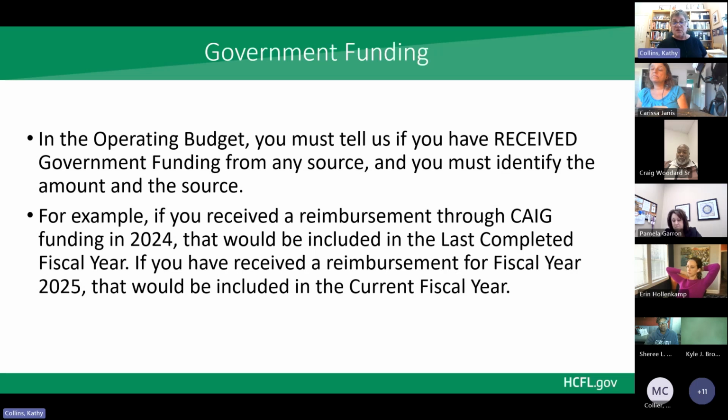If you received money from the state of Florida, you would put it in there. If, for example, you have asked or you are receiving a community arts impact grant for fiscal year 2025 and you haven't submitted a reimbursement request yet, then you haven't received any government money in the current fiscal year. Just keep all that in mind when you are filling this out. And again, I am here to answer any of your specific questions.